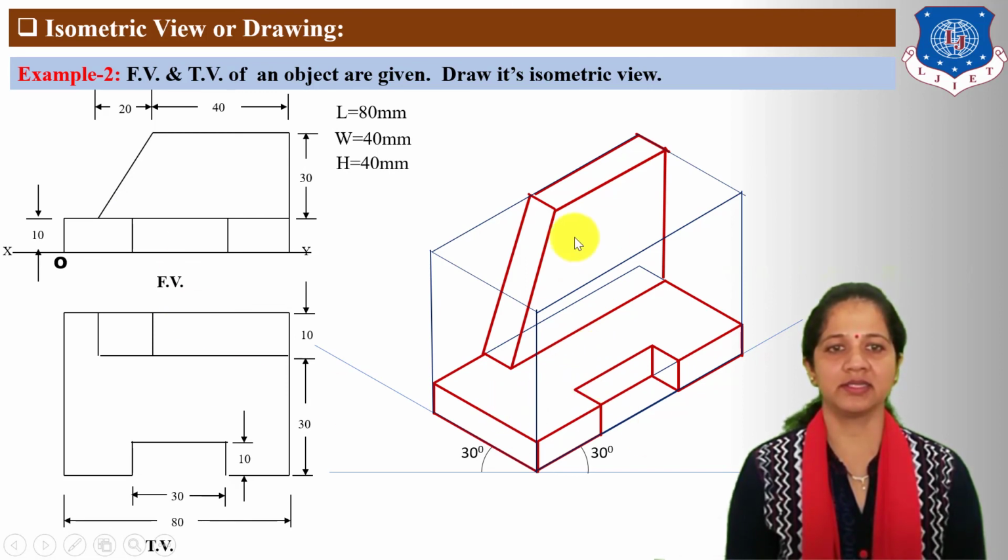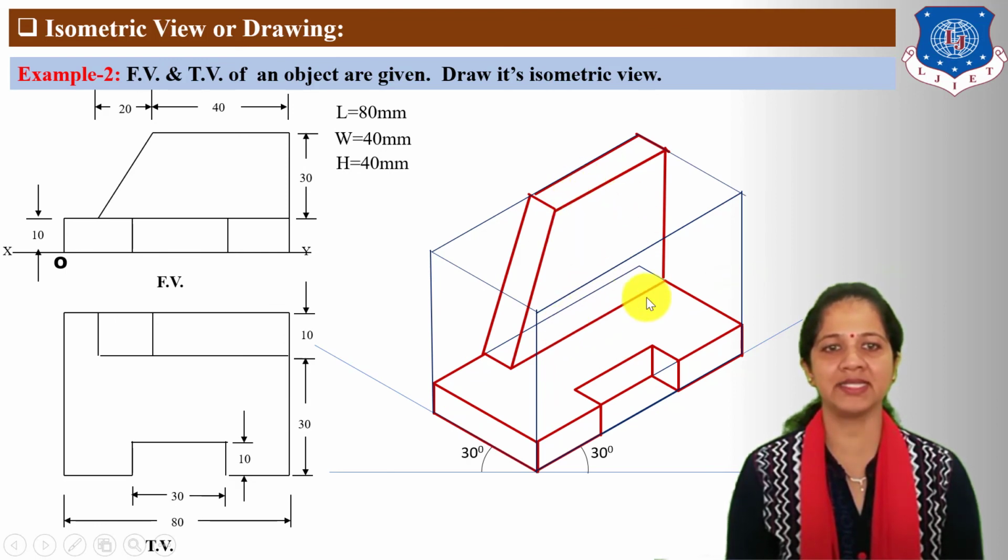Here this 3D object is divided into two parts. One part is this base and another part is placed on this base. From front direction we cannot see width and from top direction we cannot see height.